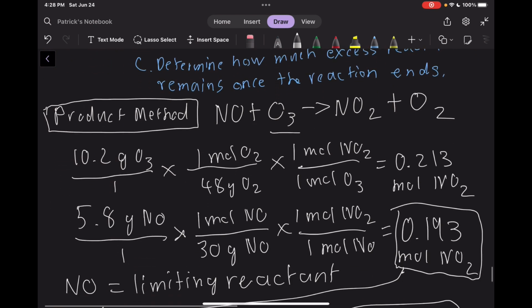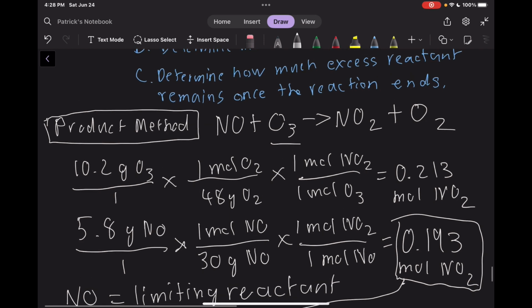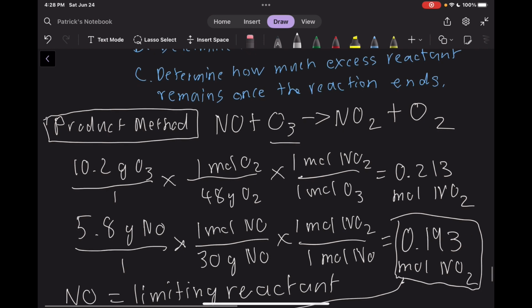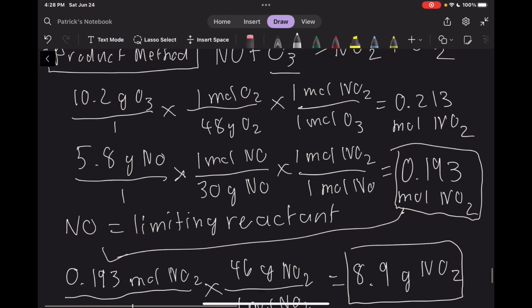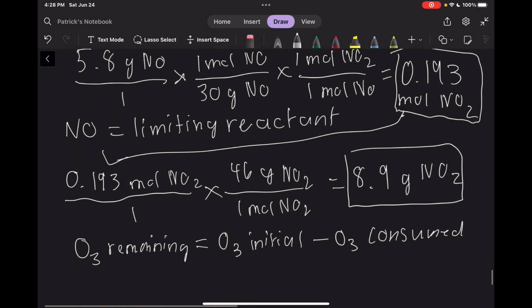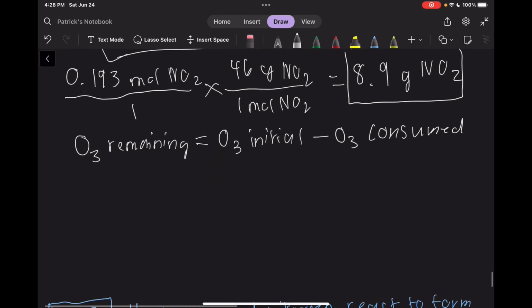If the problem specified that the answer to part C should be in moles, we would convert this. But since it doesn't say, let's go ahead and keep it in grams. Now all we need to do is find the amount of ozone which participates in the reaction. To do this, we use the molar ratio between the principal product, nitrogen dioxide, and ozone.